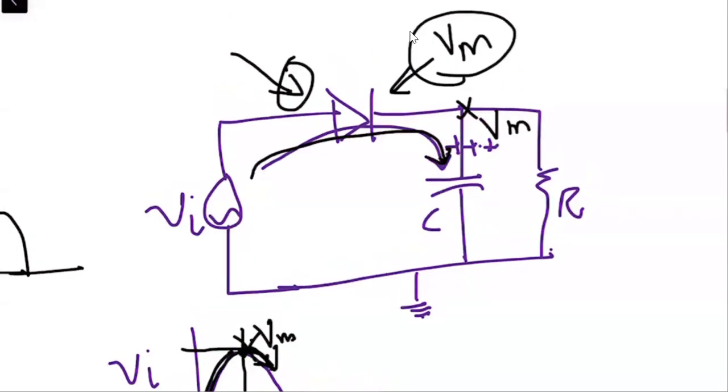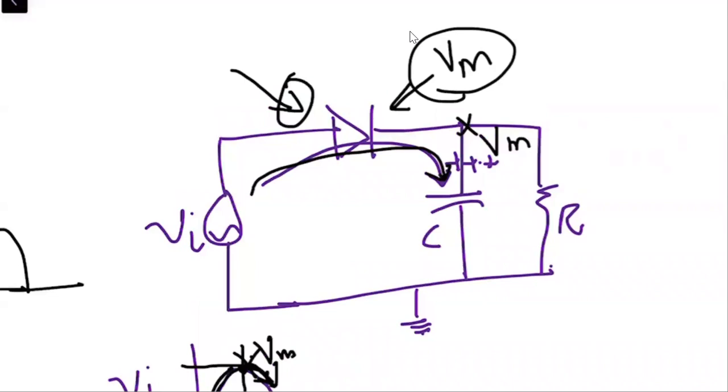Are you with me? Yes, sir. This means this side is now more positive as compared to this side. Once this happens, the diode is no more forward biased, but becomes an open switch at this very point.